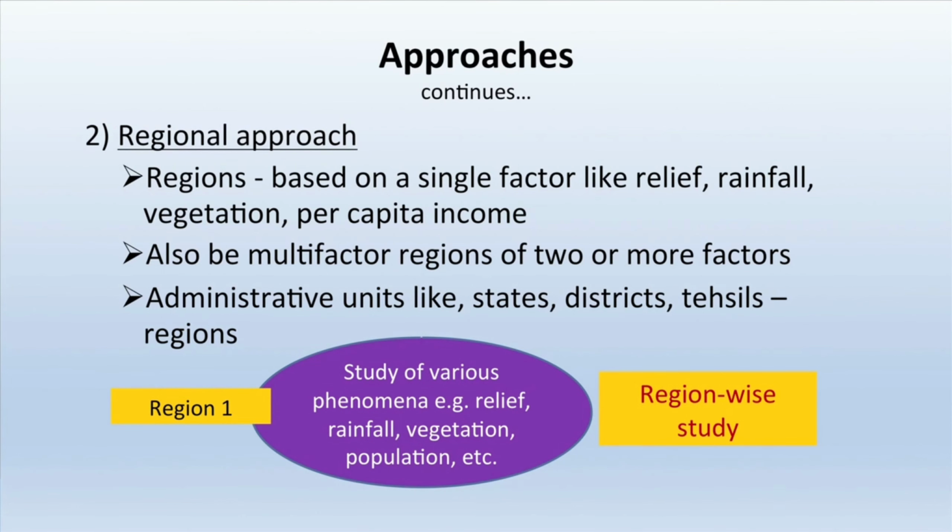Administrative units like states, districts, tehsils can also be coined as regions. The sub-branches of the regional approach are first regional studies, second regional analysis, third regional planning and fourth regional development.